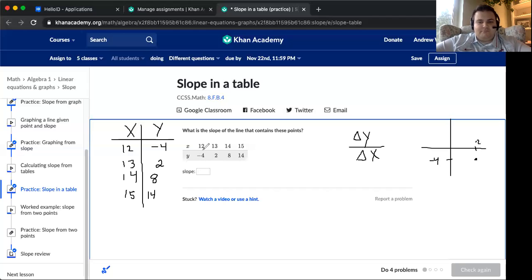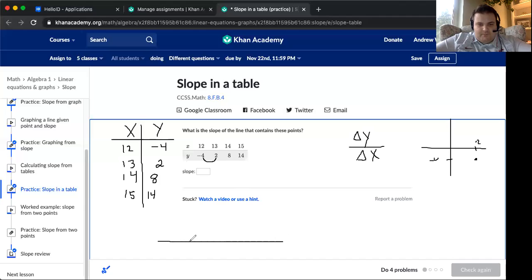This is a point. So what we're going to do here is find our change in y. I like to just use the first two. So I'm going to use this ordered pair and that ordered pair, and I'm not going to worry about the last 2 ordered pairs. From -4 to 2, if I talk about the change in y, it went from -4 up to 2.